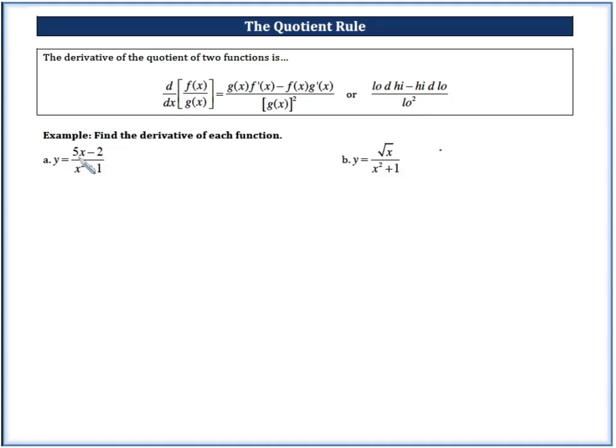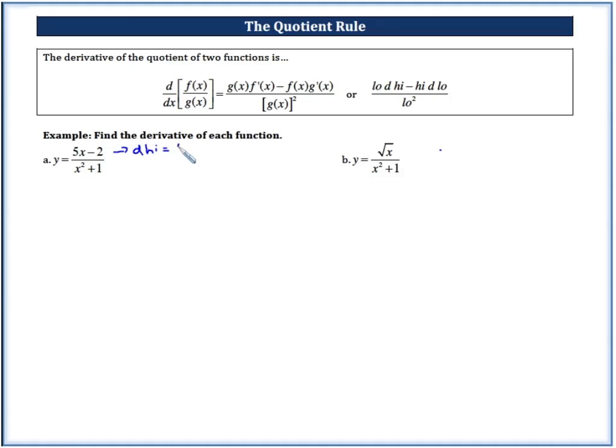So we have y equals 5x minus 2 over x squared plus 1. What we want to do is find the derivative of our high function and the derivative of the low function. Let's go ahead and find d high right here. What's the derivative of 5x minus 2?